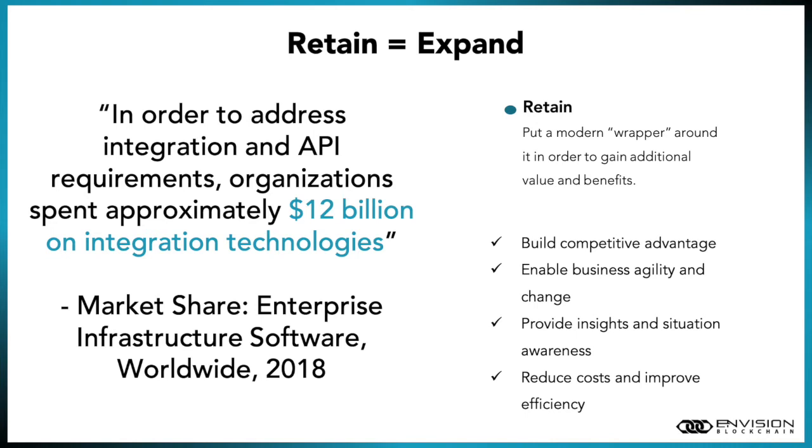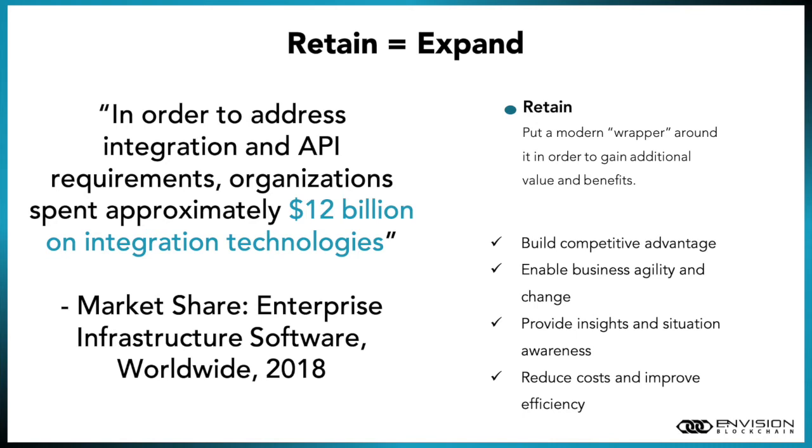That just like you plug out of one, you plug into another, and that's how you move with the times. You also can provide insights and situation awareness because then you can hook different monitoring systems up to there. You can reduce the costs and improve the efficiencies by not getting rid of your system that you've already invested into. Now you're improving efficiencies by expanding that into, for example, a blockchain network that we're going to be talking about over here.